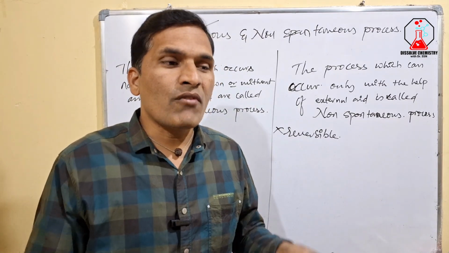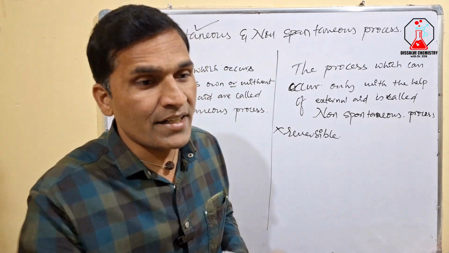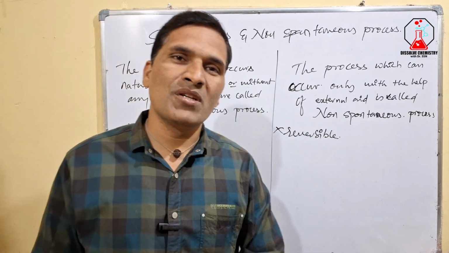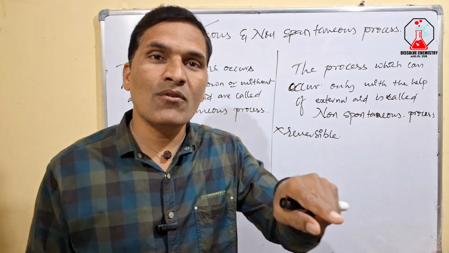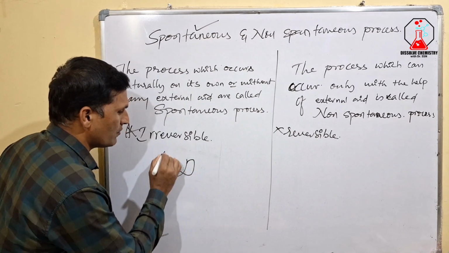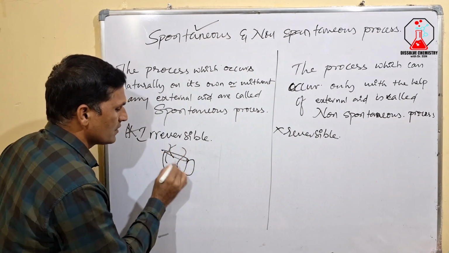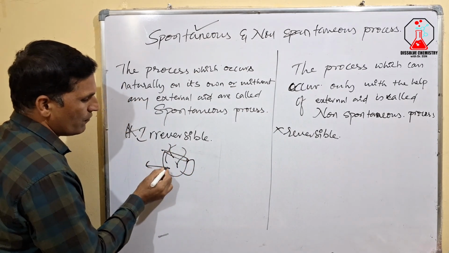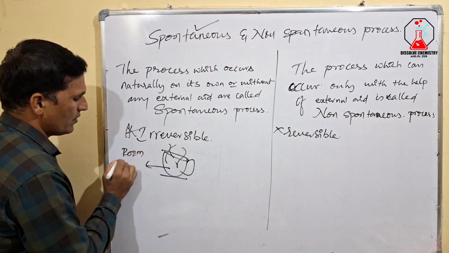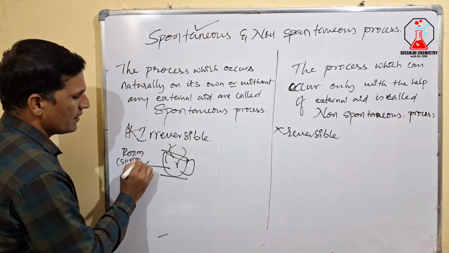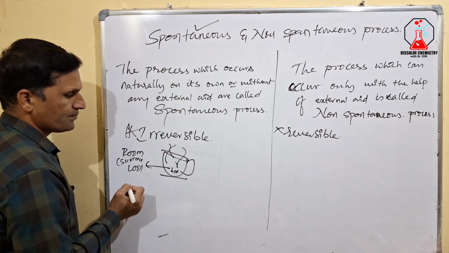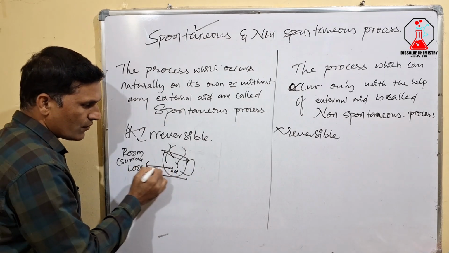Similarly, why can't I make the tea hot again by taking the energy from the room? It's the direction of flow of heat energy. Say we have taken a cup of tea, so heat will flow from the hot cup to the room, that is your surrounding. Here it is hot and this is cool. Fine. Okay, heat is flowing in this direction.